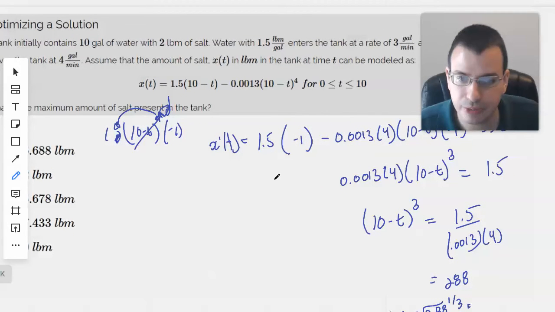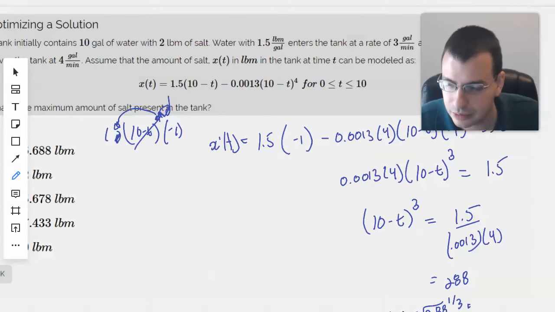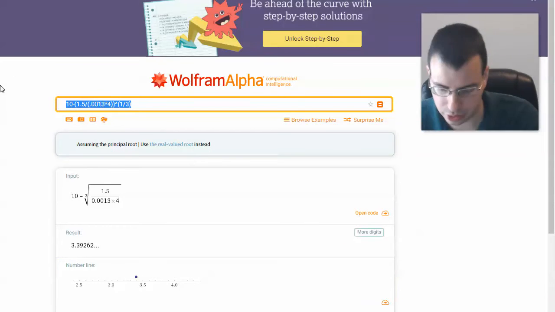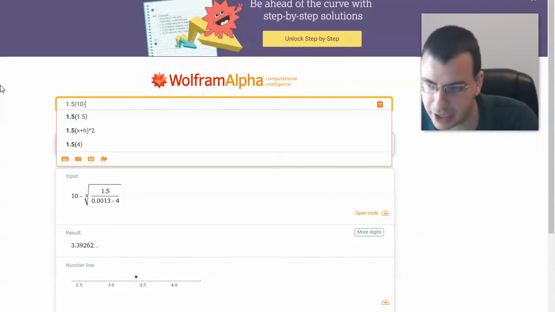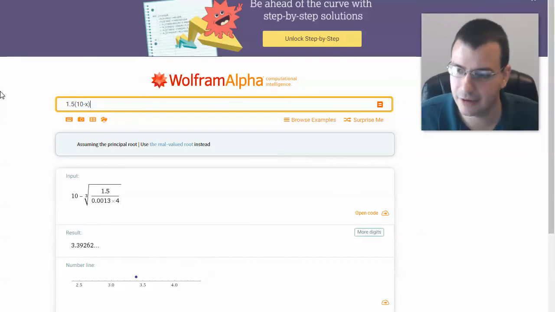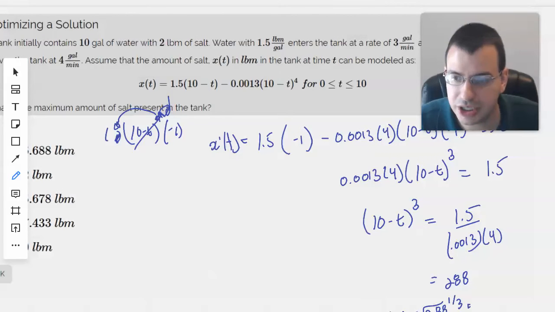So what we're going to do then is plug that back into the equation. So we're going to do 1.5 times 10 minus t, quantity. I'm going to write it as x here just to get the equation down.